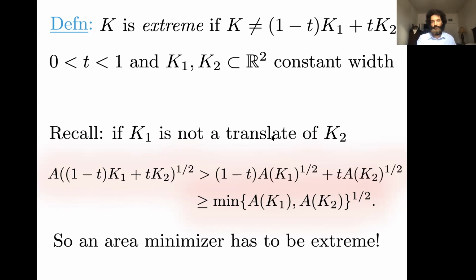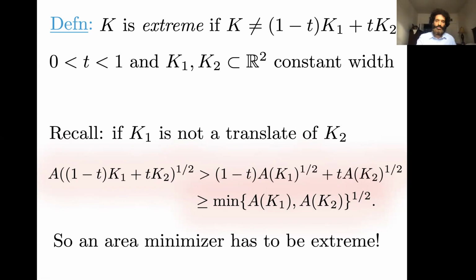And so I have strict inequality here if K1 is not a translate of K2, and they're both constant width sets. And obviously this convex combination is bigger or equal to the min. And so if I want to minimize the area, I've got to look for sets that are extreme. Otherwise, just from this calculation, I won't get a minimizer.